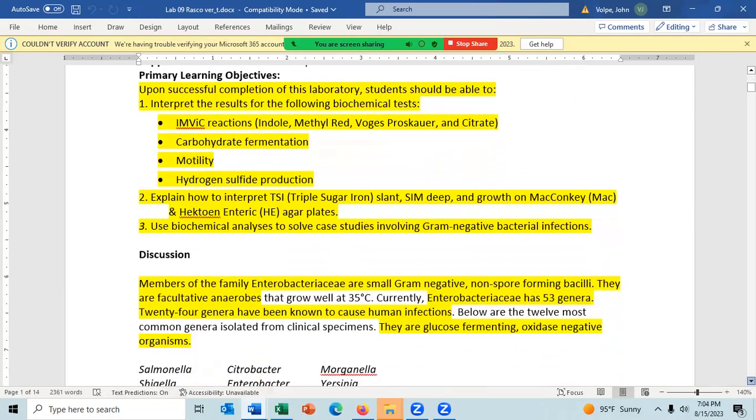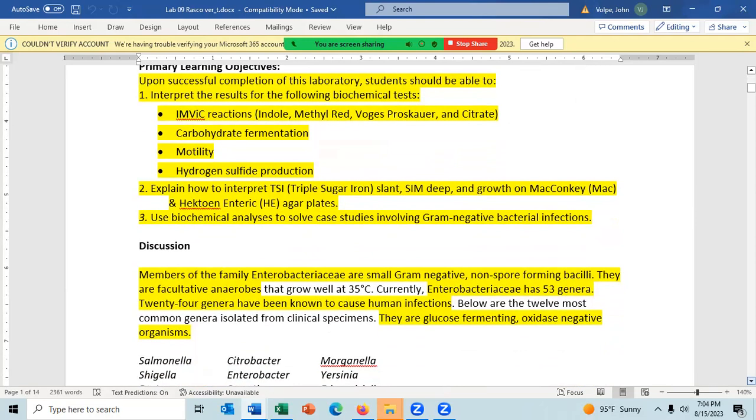Upon successful completion of this lab, you should be able to, one, interpret the results for the following biochemical tests for the IMVIC reactions. Let me warn you, IMVIC is an acronym for 4 different tests: I for indole, M for methyl red test, V for Voges-Proskauer test, and C for the citrate test.